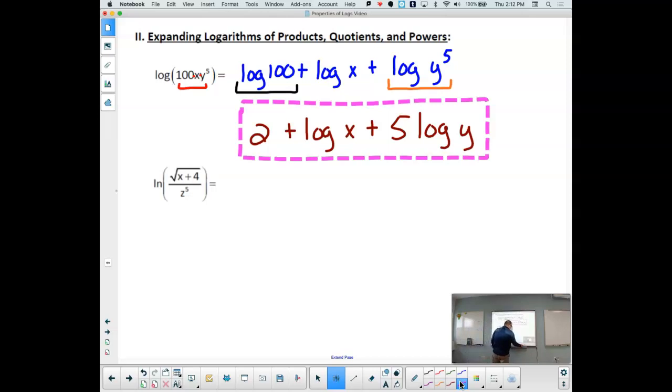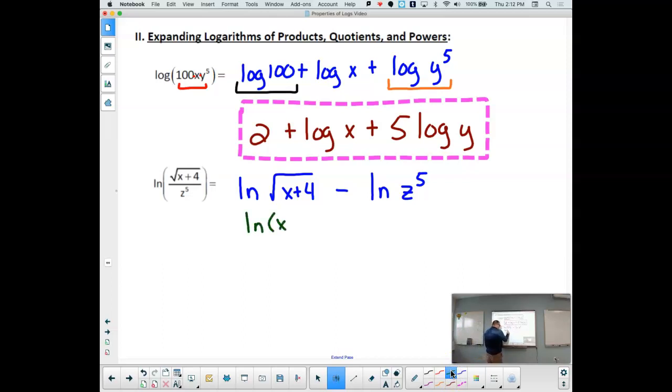In this next one, I am dividing. So this would be the natural log of the top minus the natural log of the bottom. Now, in this first one, I'm actually thinking about this more mathematically.